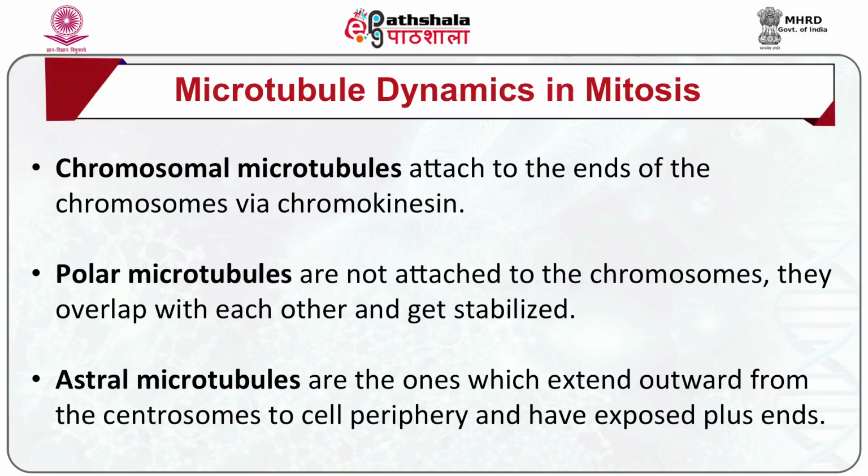The second type is chromosomal microtubules attached to the arms of chromosomes via chromokinesin. Polar microtubules are not attached to the chromosomes; they overlap with each other and get stabilized. Astral microtubules are the ones which extend outward from the centrosome to the cell periphery and have exposed plus ends.